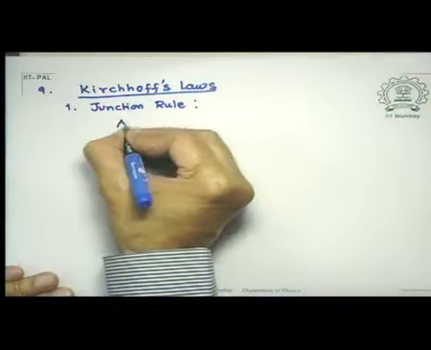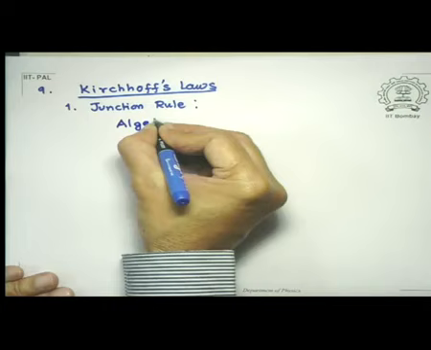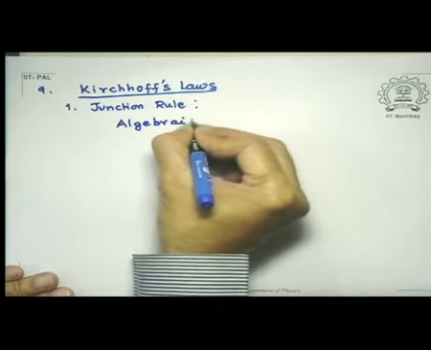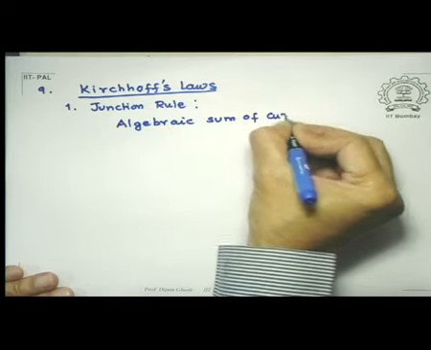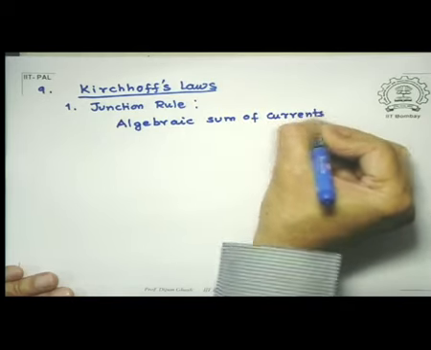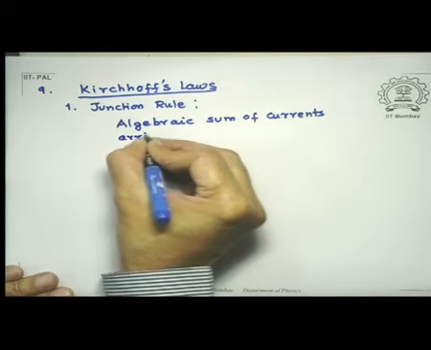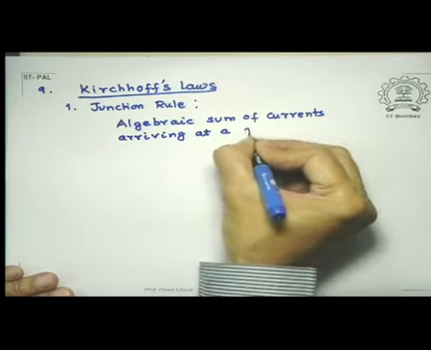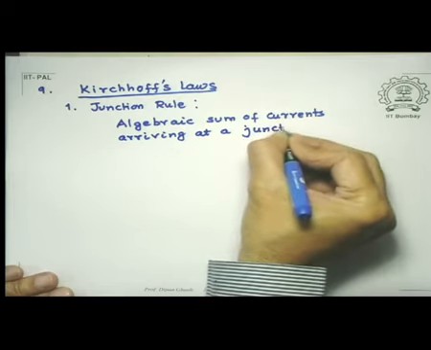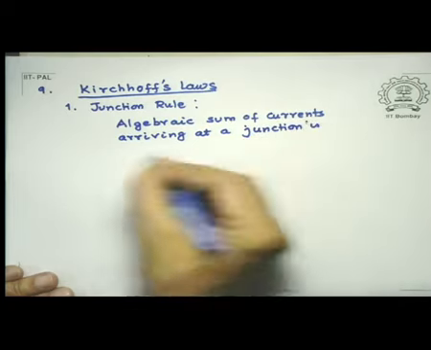So let me write it down, then I will illustrate what it means. Algebraic sum of currents arriving at a junction is 0.